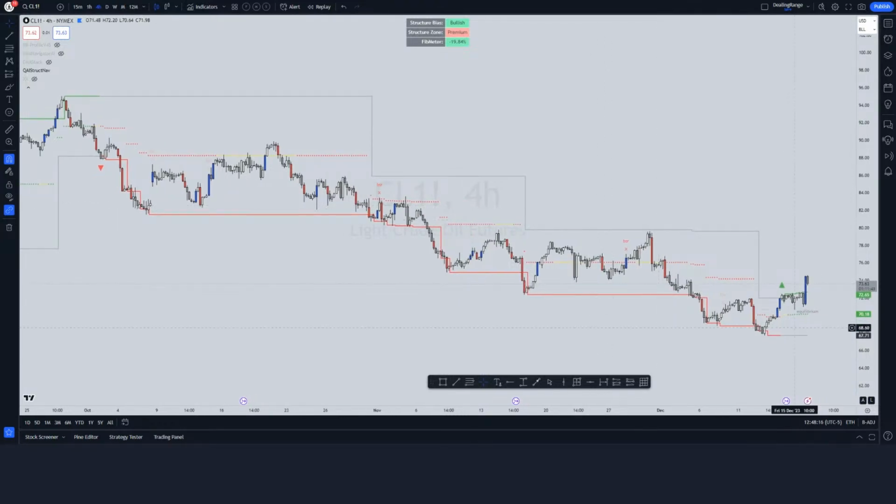And then here, just today, this is why I wanted to show you this chart because this is an interesting transition here. We've actually switched to a bullish structure for oil on the 4-hour by breaking a key level here.